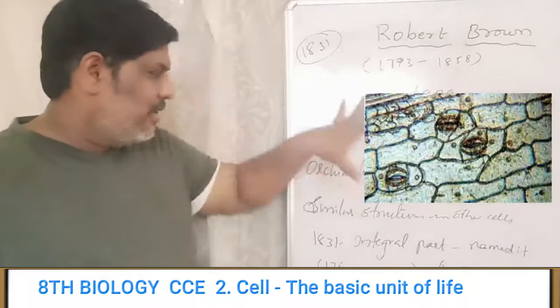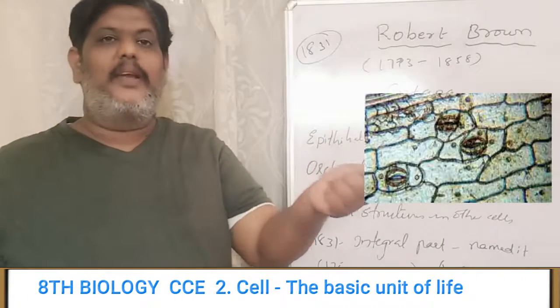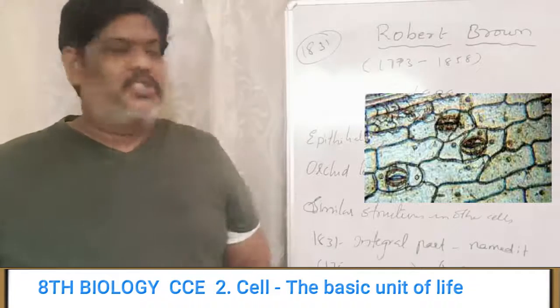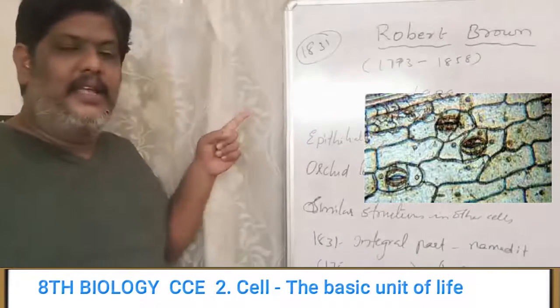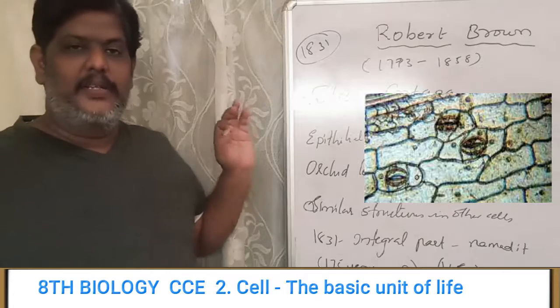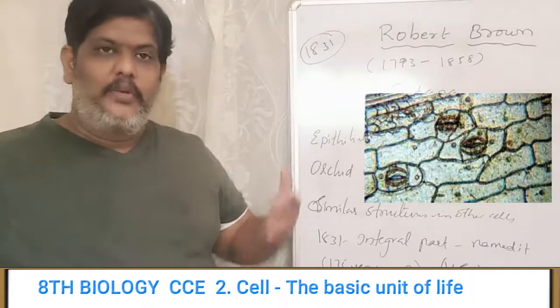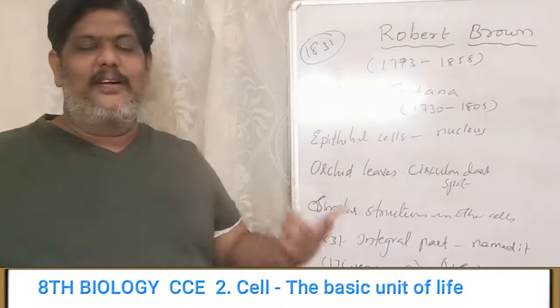And when he was looking at the leaf, he was able to trace out stomata. You can see in the picture in the textbook over here. You can see the stomata here and there. Stomata are the parts present on the leaf which help in the diffusion of gases. Carbon dioxide goes inside, oxygen comes outside. How?